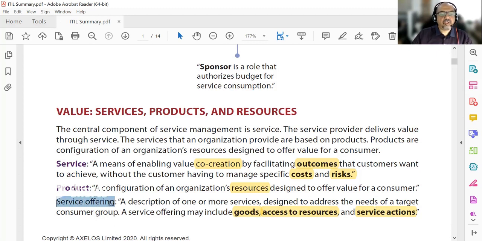So here we have the concept of service offering, which is the description of one or more services. So when you join our organization, you can use printing services. You can access a folder for backup. We have shared folder for specific departments.